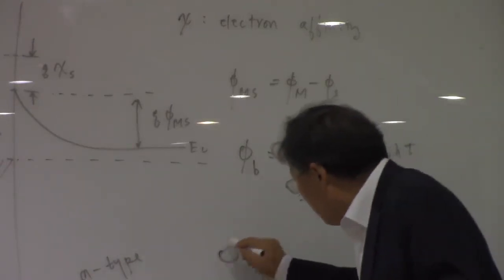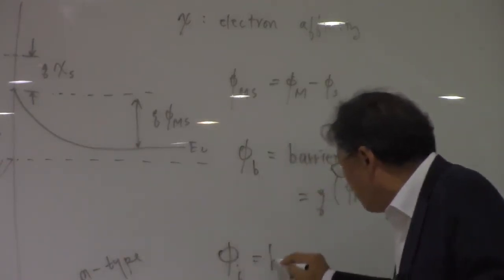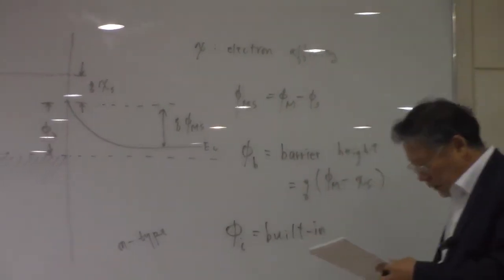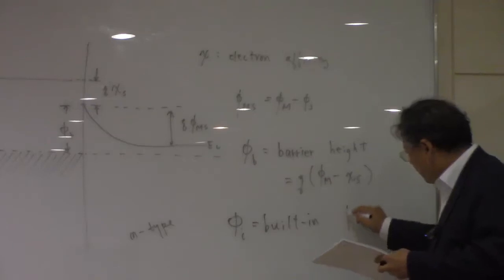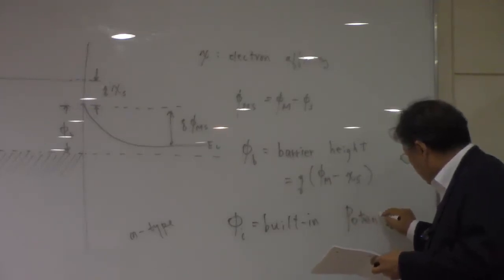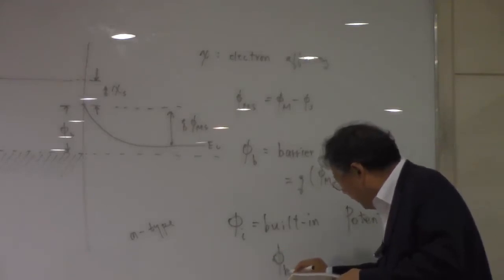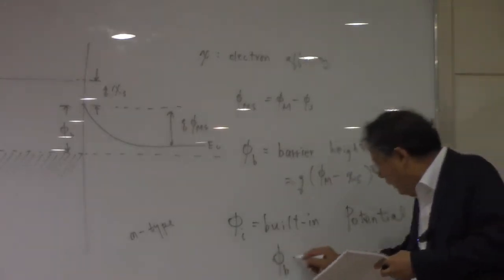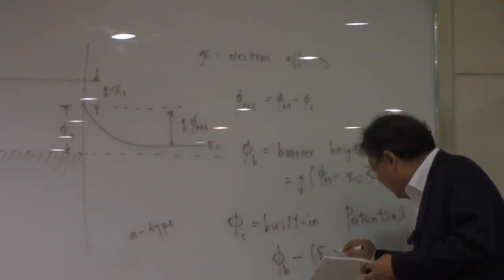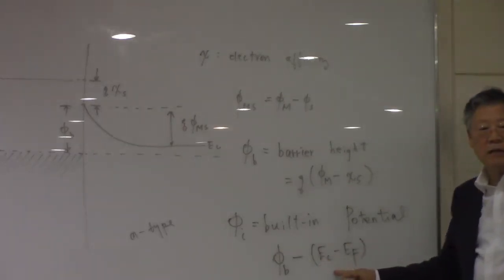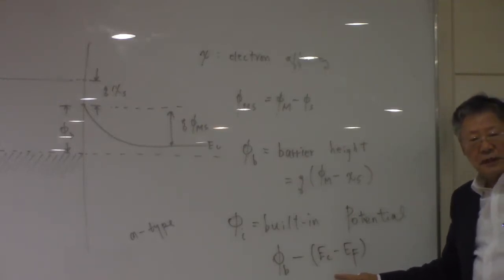Now here the important thing is the built-in potential. This built-in potential is the phi b, the barrier height, minus EC minus EF, the activation energy. We call this the activation energy in terms of the Boltzmann statistics, right?